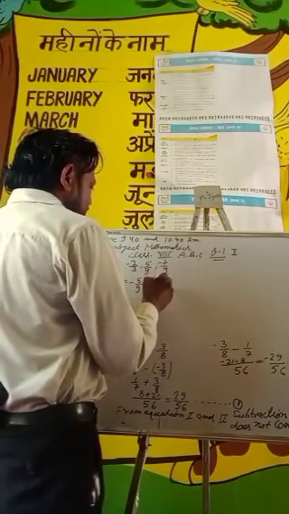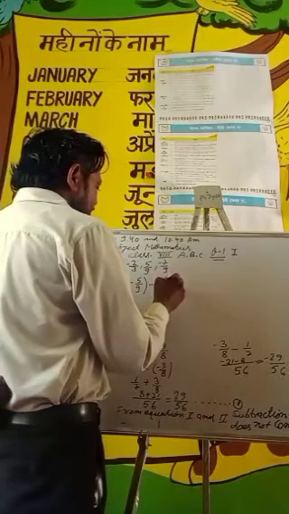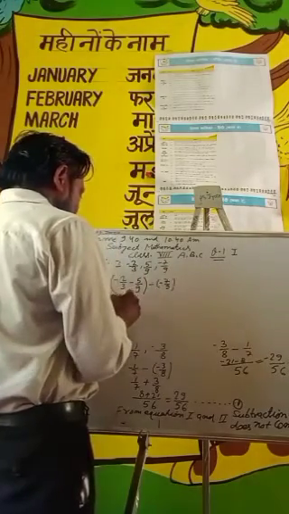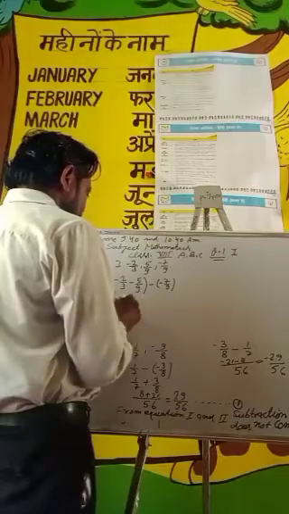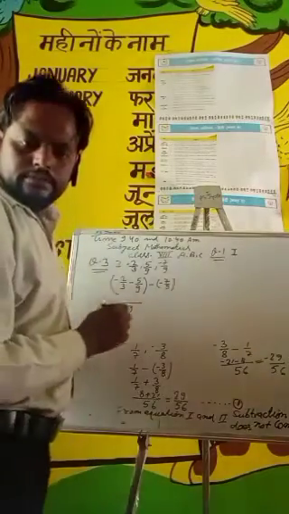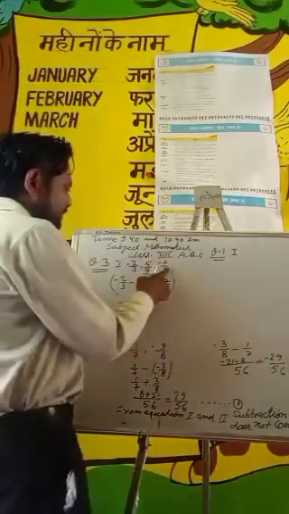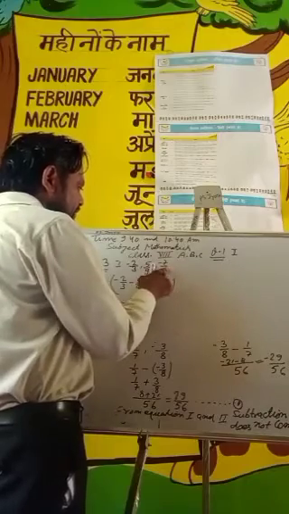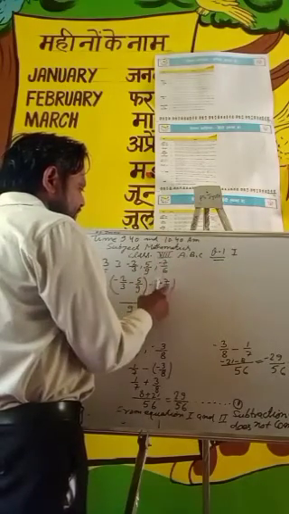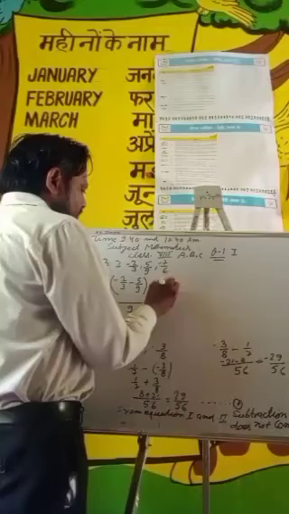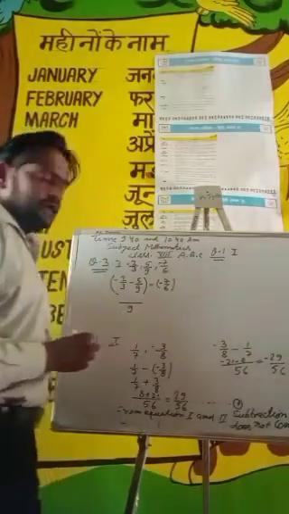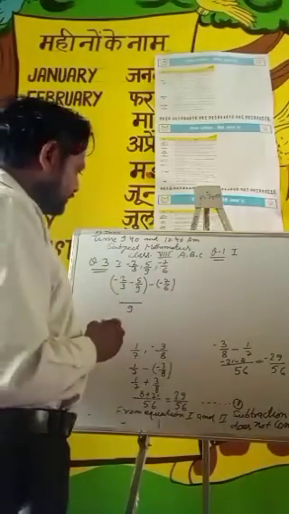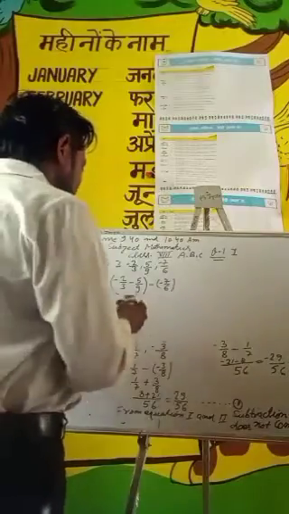Minus 7 upon 6. Here is given 7 upon 6. Minus 2 upon 3, 5 upon 9, minus 7 upon 6.